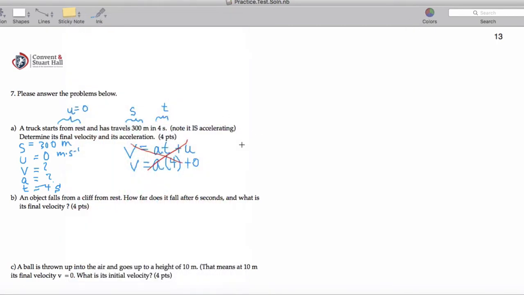Now we will try s equals 1/2 at squared plus u times t. And so we have 300 equals 1/2 times a times 4 squared plus 0 times 4. We can simplify.